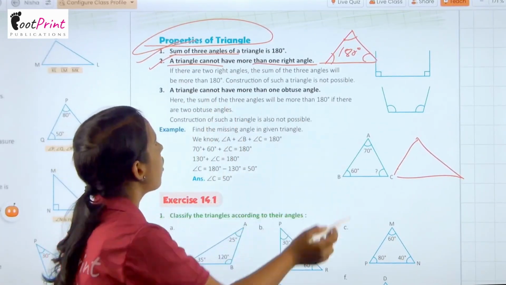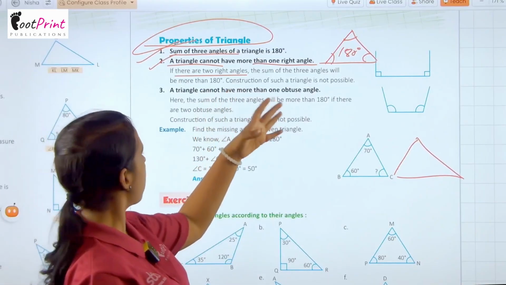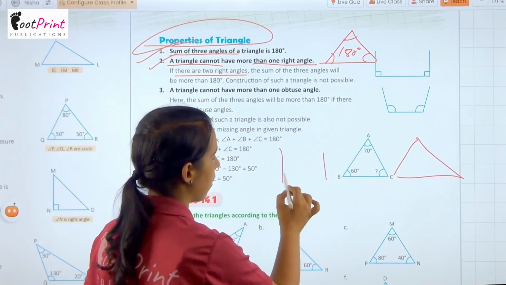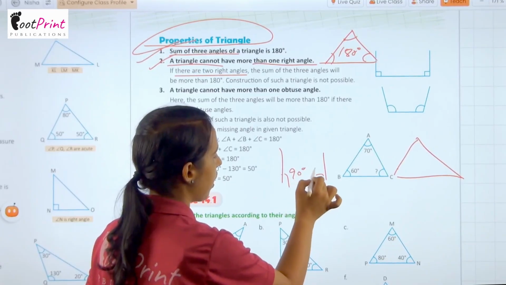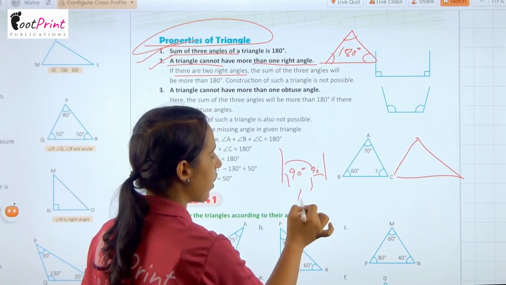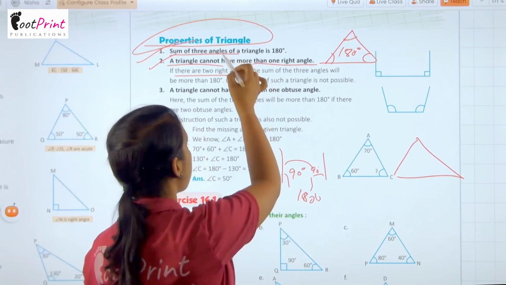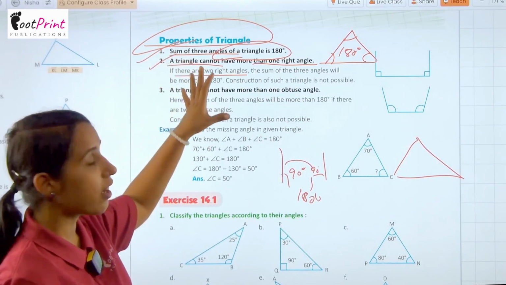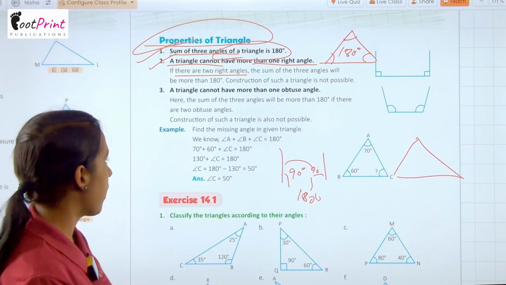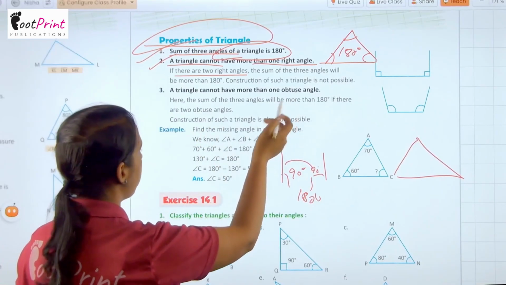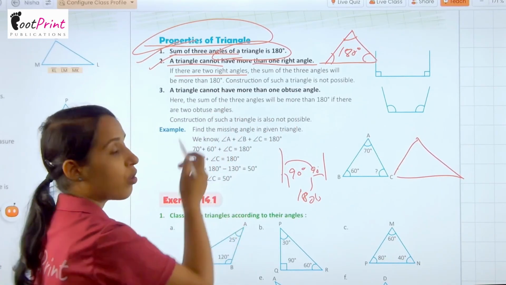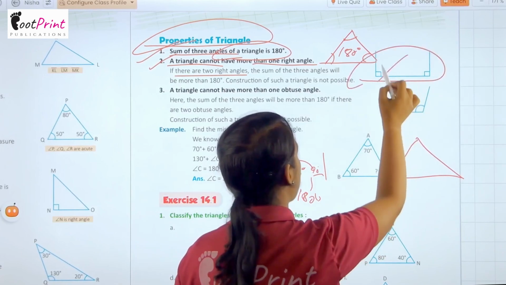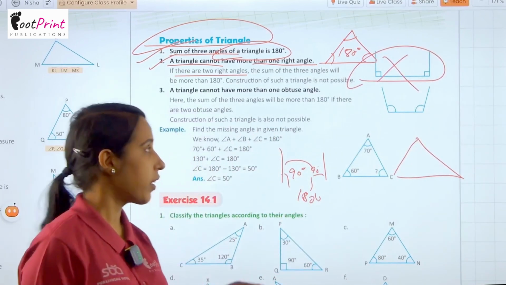If there are two right angles, the sum of three angles will be more than 180 degrees. If we take two right angles, 90 degrees and 90 degrees, that will equal 180 degrees. But we learned in the first property that the sum of three angles of a triangle is 180 degrees. So we can't take two right angles here, and we cannot make a triangle with two right angles.